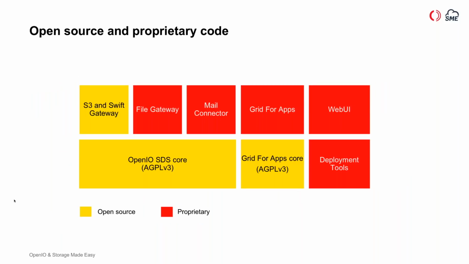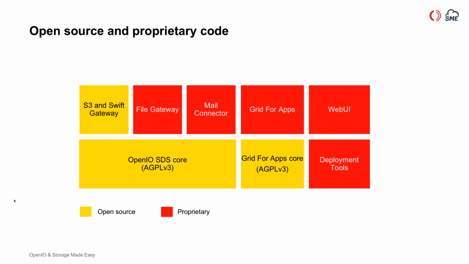As I told you before, our software is open source. The code is available on GitHub, as well as the packages, and the boxes in yellow are all the open source code. You can download and install the software for free on any x86 platform and ARM computers.